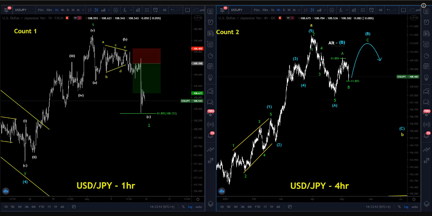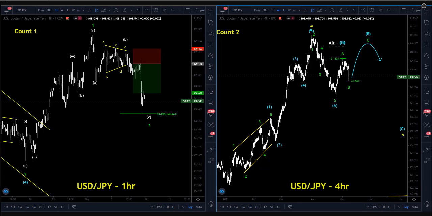Whenever you have different scenarios in play like this, you just wait for confirming price action. When we see something like this, that maybe we are having a correction like this, it can be a flag or any correction. It is telling you that it's a correction for this impulsive wave to also come down.